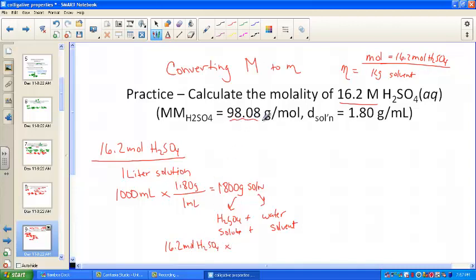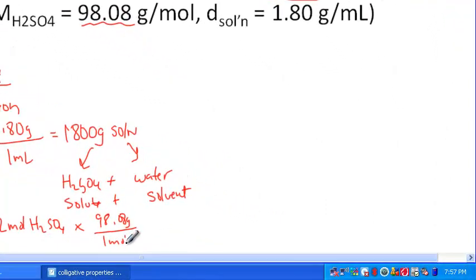I can use my little molar mass, mole map conversion and say, well, 98.08 grams is the mass of 1 mole. Moles cancel and we've converted to grams. Moles times formula weight. Let's hit that. 16.2 times 98.08, carrying all those decimals. It's 1588.896.